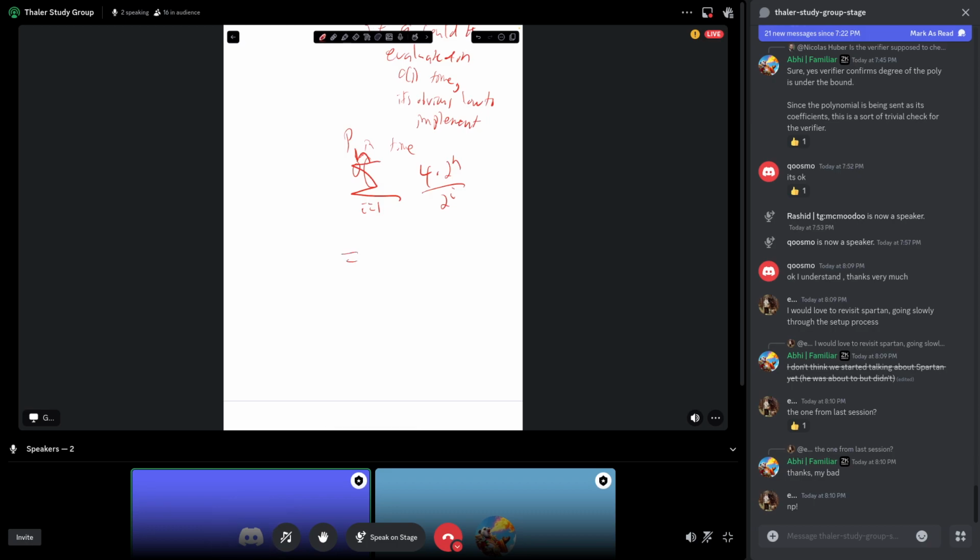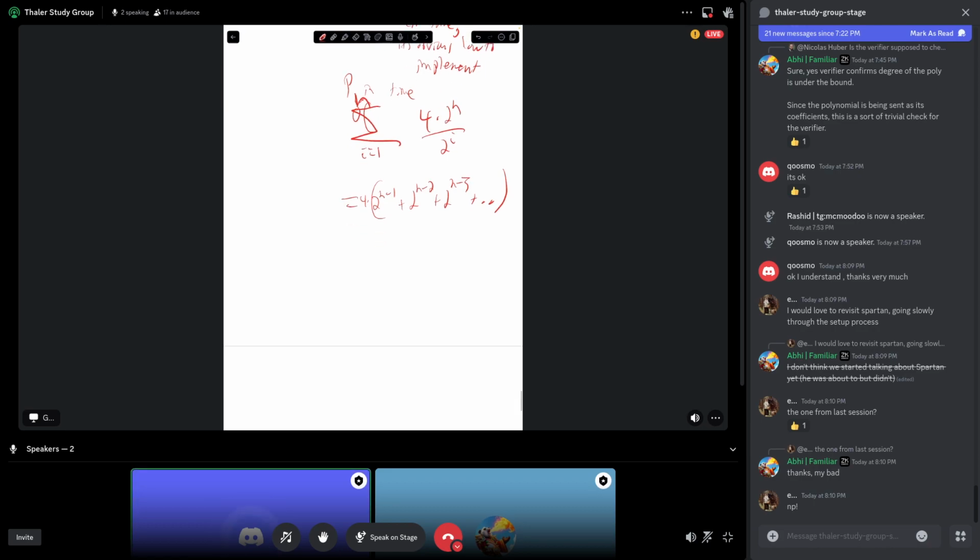This is like 4 times 2^{n-1} plus 2^{n-2} plus 2^{n-3}, and so forth. This turns out to be dominated by the first term, so it's something like 8 times 2^n. Remember, 2^n is the number of terms in the original sum.